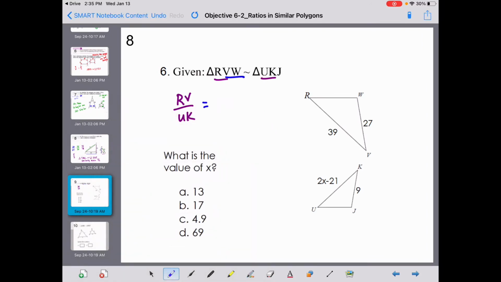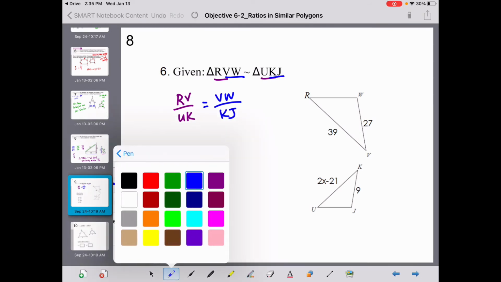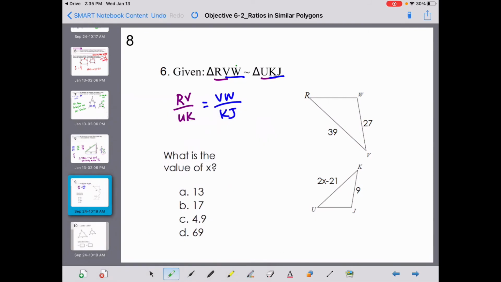VW to KJ. And let's go with green. WR to JU. All right. So those are how my sides match up.